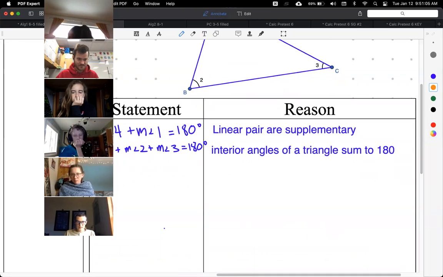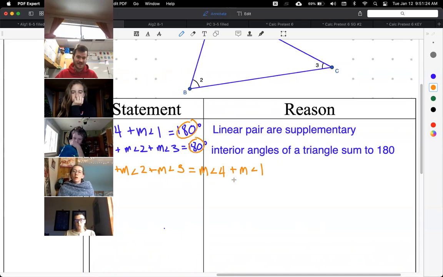You can say measure of angle 1 plus measure of angle 2 plus measure of angle 3 is equal to measure of angle 4 plus measure of angle 1. Why are we allowed to say that? Because they're both 180 degrees. This side must be equal to that side.